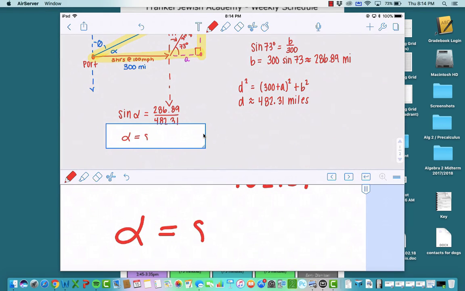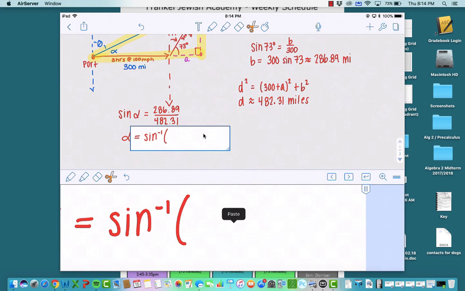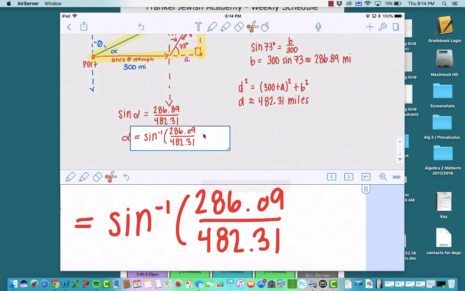Alpha is equal to the inverse sine of that stuff up here. I don't feel like writing it, even though this probably takes just as long. Yeah, that didn't actually work.